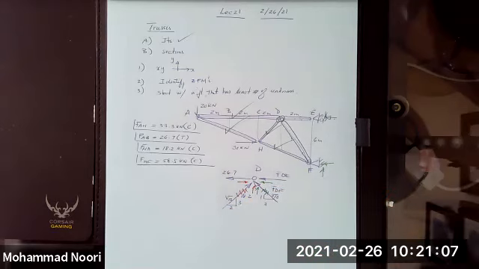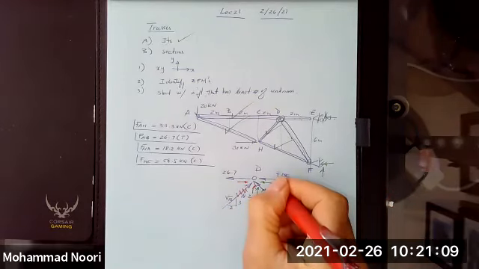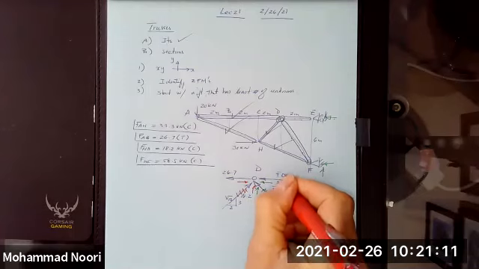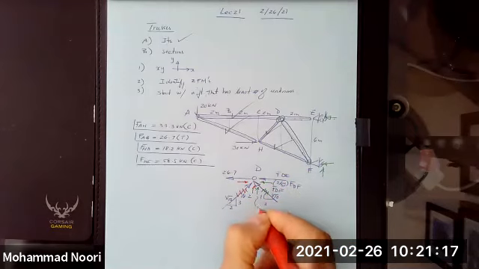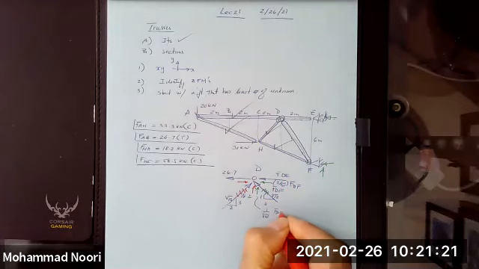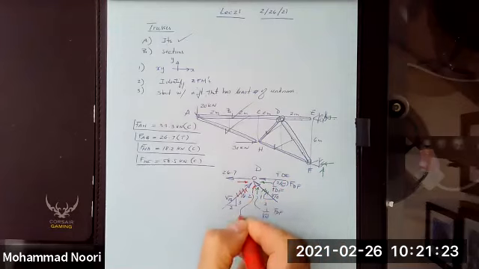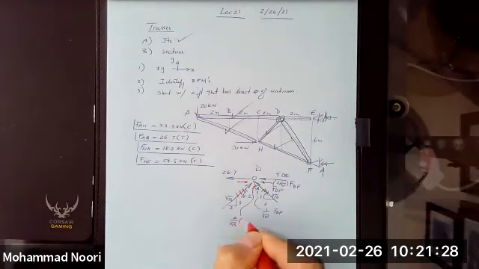So this is 3 over square root 10 of F_DF. This is 1 over square root 10 F_DF. This one is, I'm sorry, this one is 3.